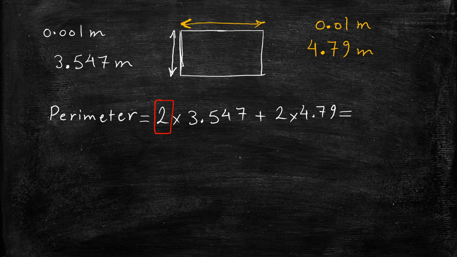So 2 times 3.547. The answer to that is 7.094 plus the other one, 2 times 4.79 equals 9.58.